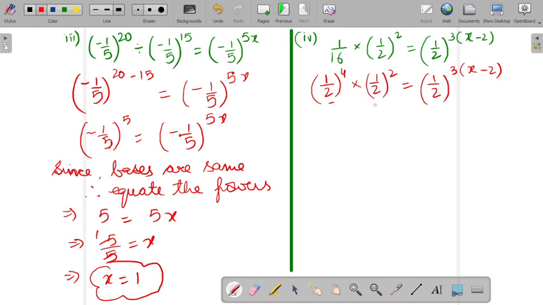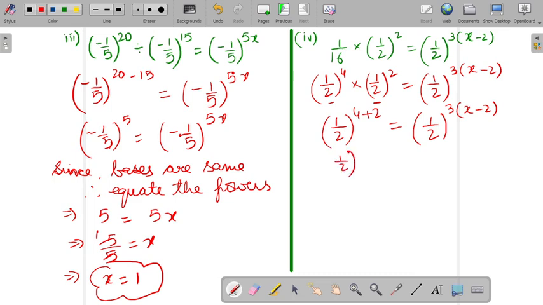Now the bases have become same and it is in the multiplication form, so add them together, powers will be added up. So add 4 plus 2, and on the other side we'll write it as it is.